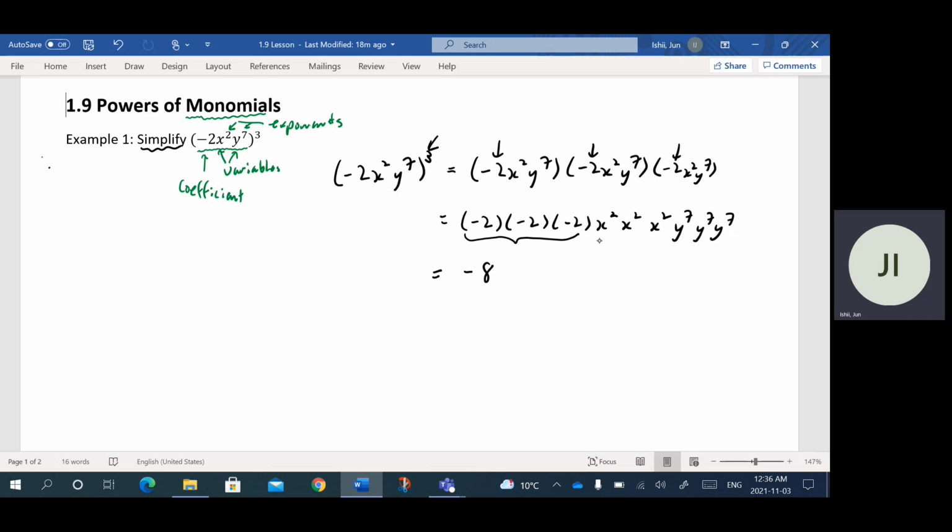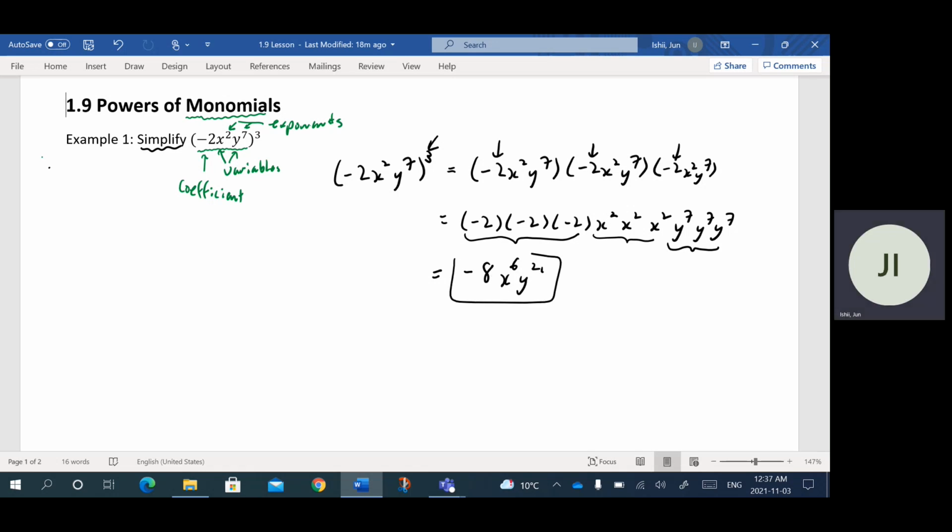Next up, if I multiply x squared times x squared times x squared, if you recall from the previous lessons, the rule is to add your exponents. So this is x to the 2 plus 2 plus 2, which is 6. Likewise for the y's, I add these exponents, 7 plus 7 plus 7, which is 21.